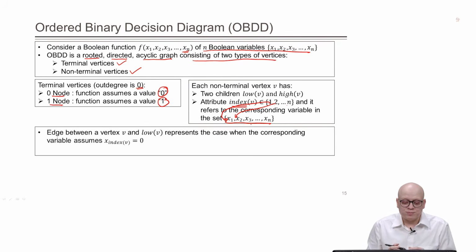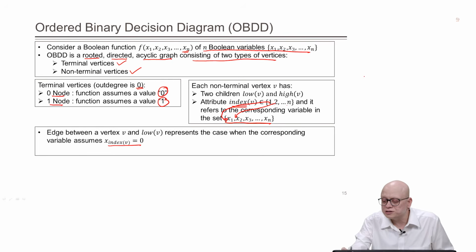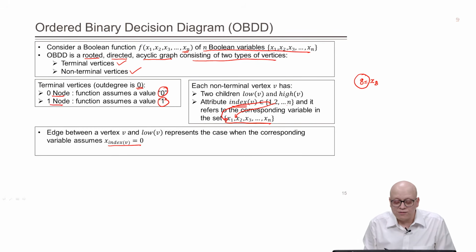Now, each edge between vertex V and low V represents the case when the corresponding variable x index V is equal to 0. Suppose there was a vertex with index 8, which of course corresponds to the variable x8. It will have two outgoing edges.